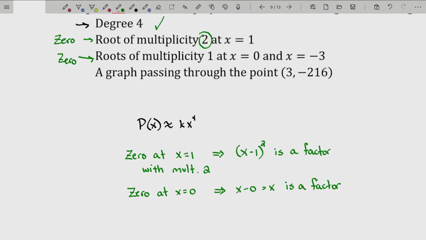That tends to throw people off, by the way. If I tell you that 0 is a zero, people don't know what to do sometimes. It means x minus that number is a factor. X minus 0, which is x, is a factor. And we also were given that we have a zero at x equals negative 3, which implies that x plus 3 is a factor.